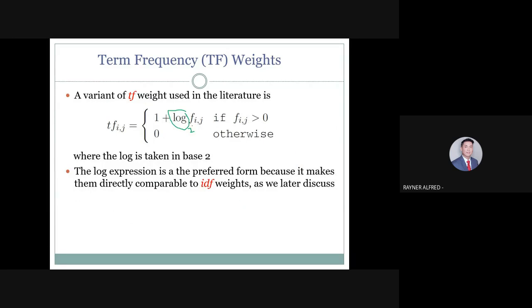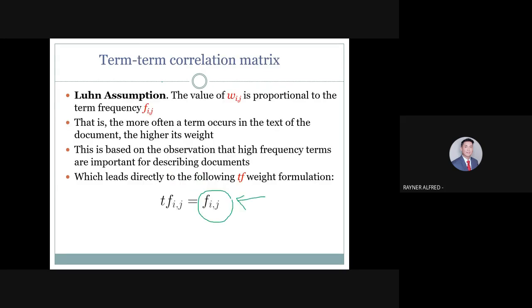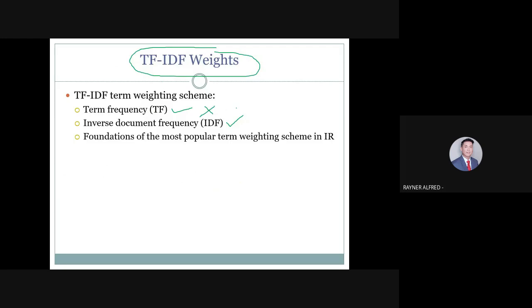So your new weightage for the TF-IDF will be 1 plus log base 2 of the frequency that we have. Later on we will also discuss why we need the IDF here. Why do we need that one?